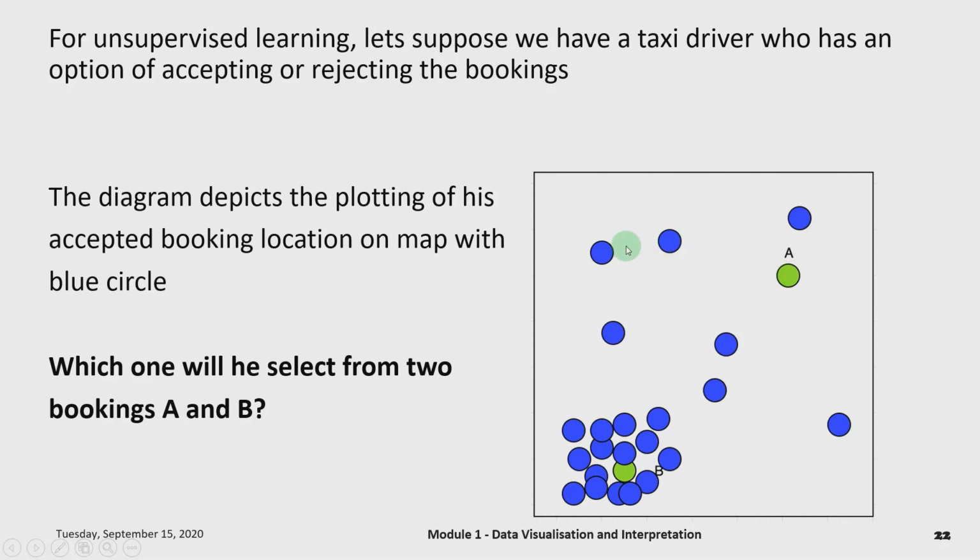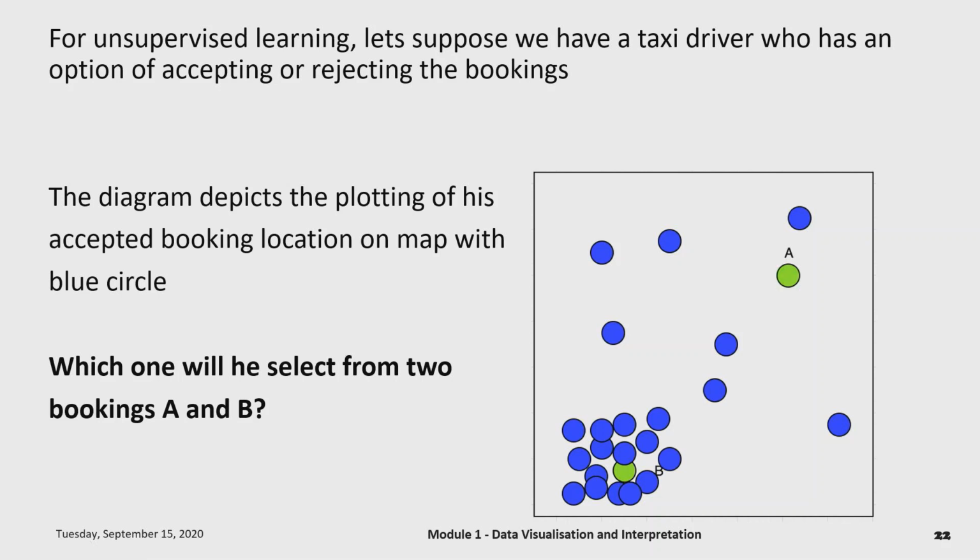Similarly, these blue circles indicate that he has visited these areas frequently. Now you can see that there are two persons calling, from these green points, A and B, for the same taxi driver.